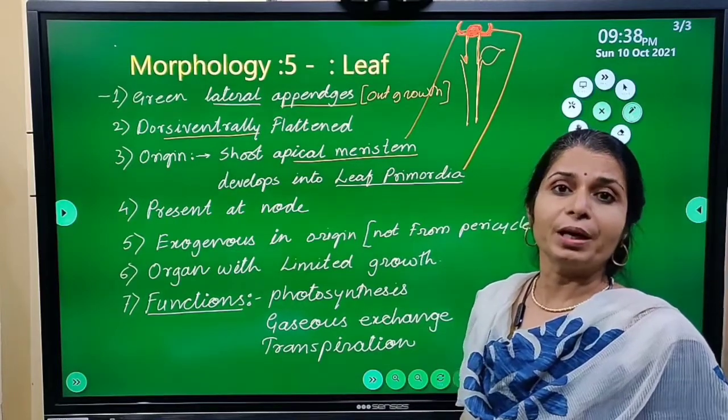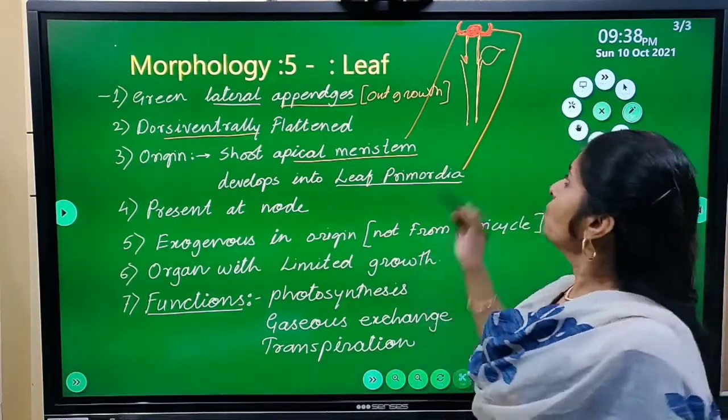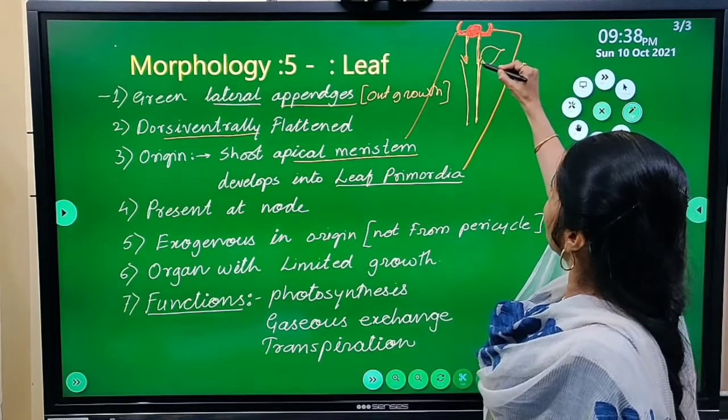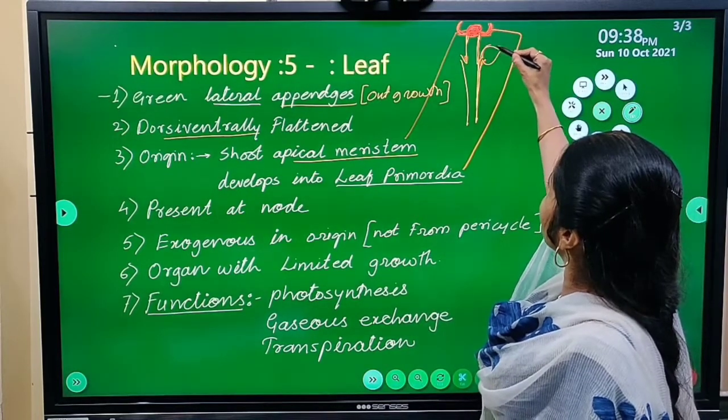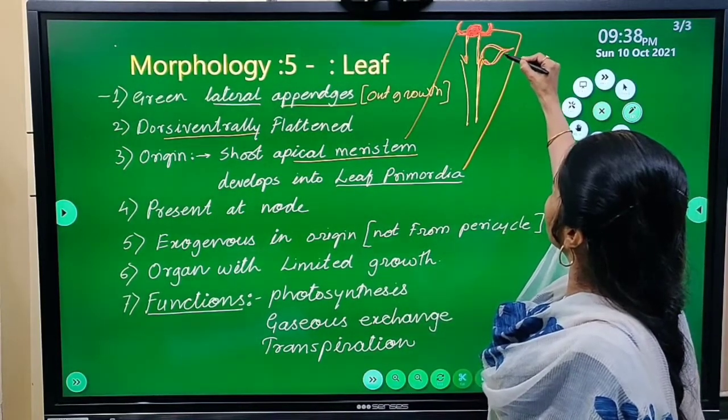Leaf primordia. Very young leaf which further grows, ये grow हो गया तो फिर हमको मिलेगा normal leaf.